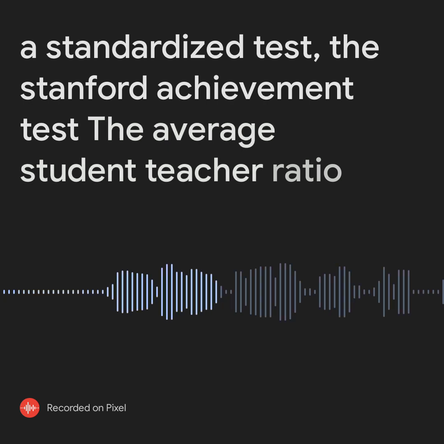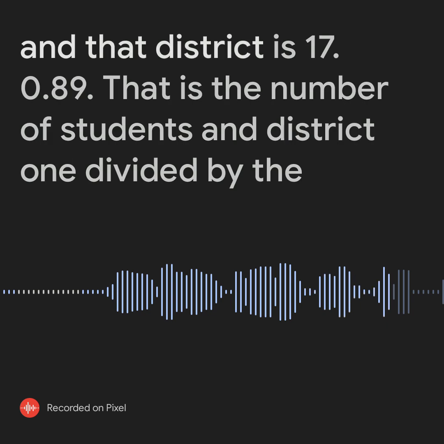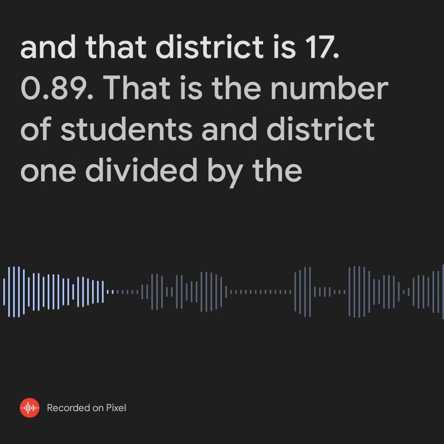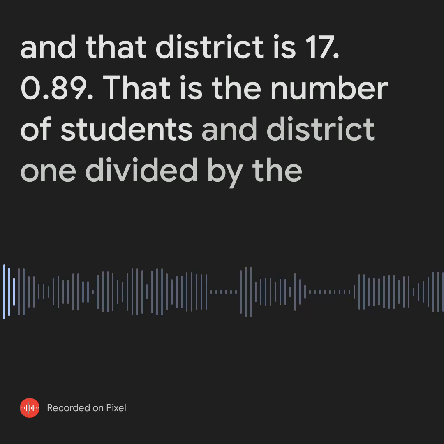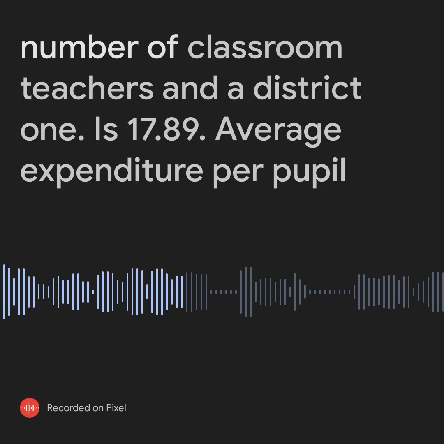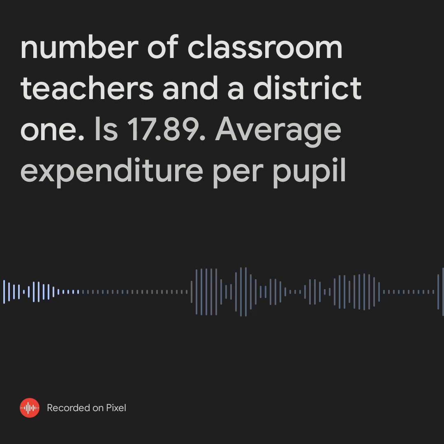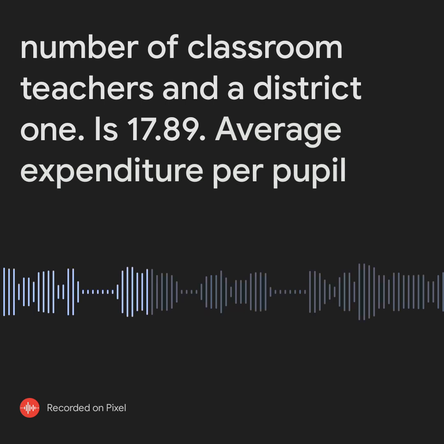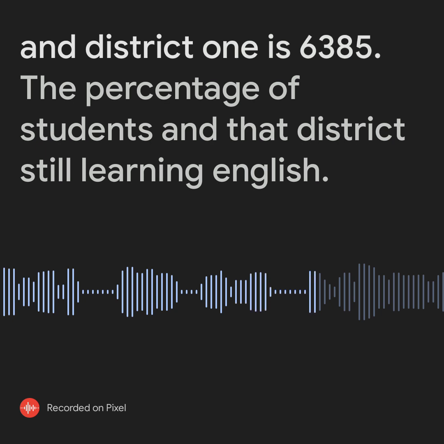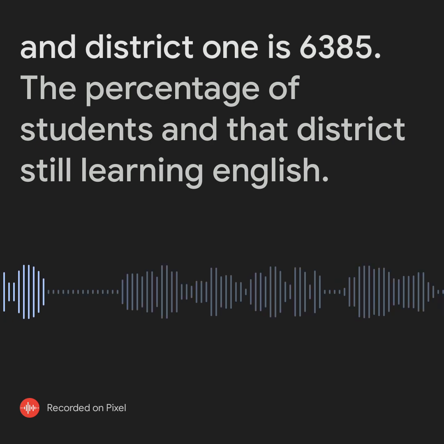The average student-teacher ratio in that district is 17.89. That is the number of students in District 1 divided by the number of classroom teachers in District 1. Average expenditure per pupil in District 1 is $6,385.